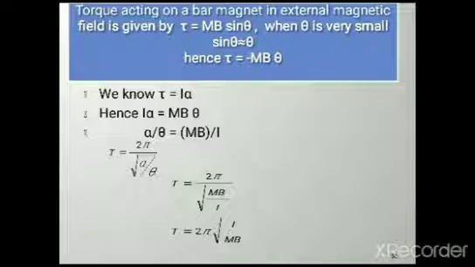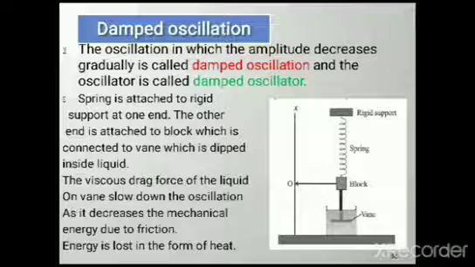From the above equation, we will get T is equal to 2 pi square root of I upon MB. This is about a bar magnet.